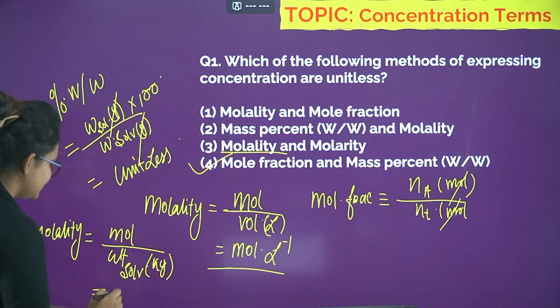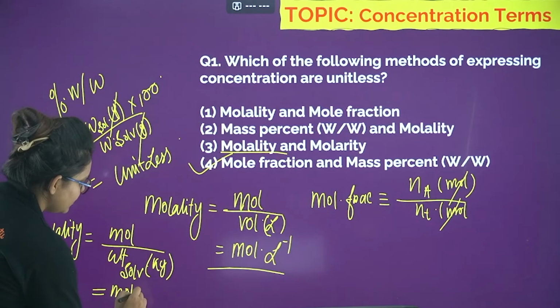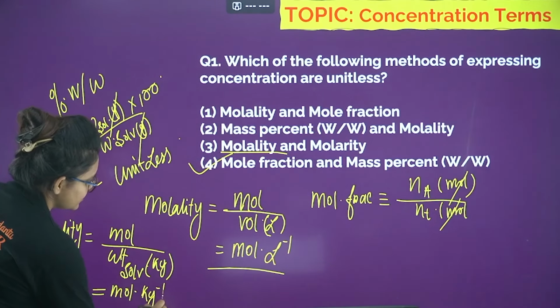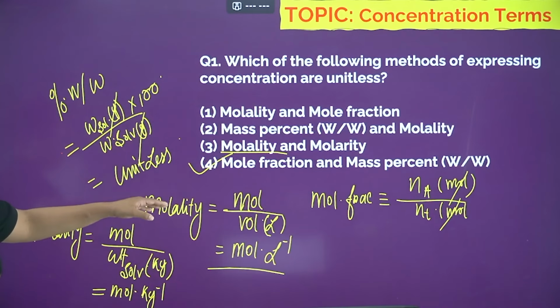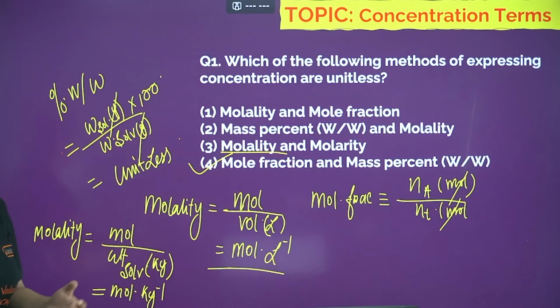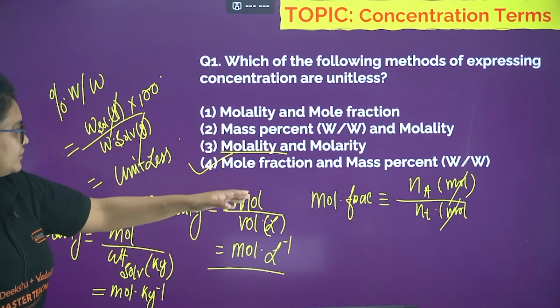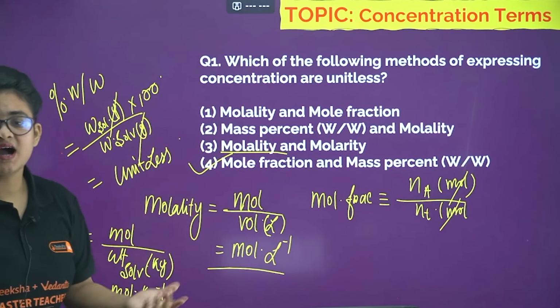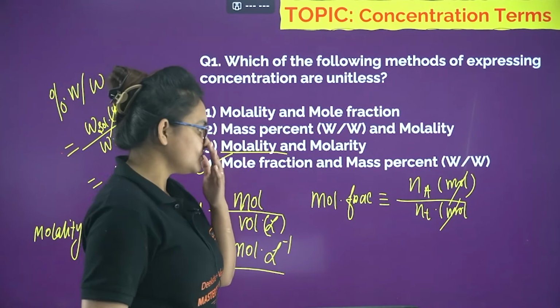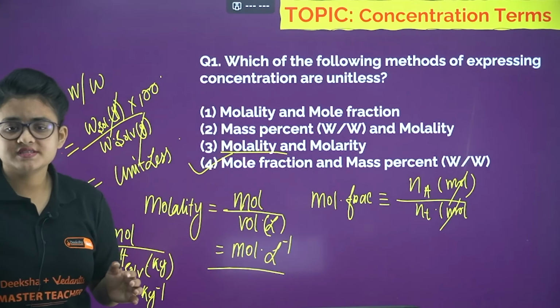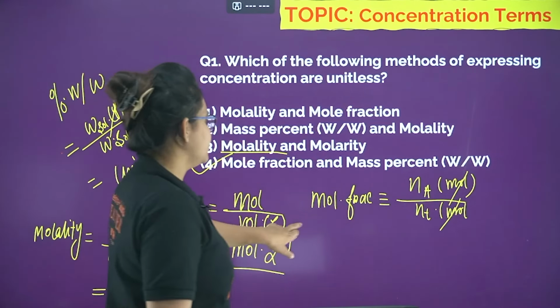So definitely the unit is going to be mole per kg. So you can see molality and molarity, both of them have some unit. Only the mole fraction and mass percentage are the unitless quantities. I guess you understood this concept. Let's proceed to the next one.